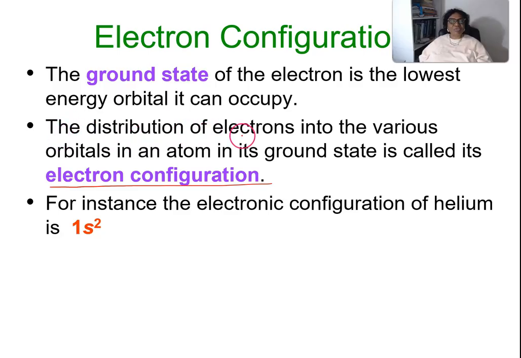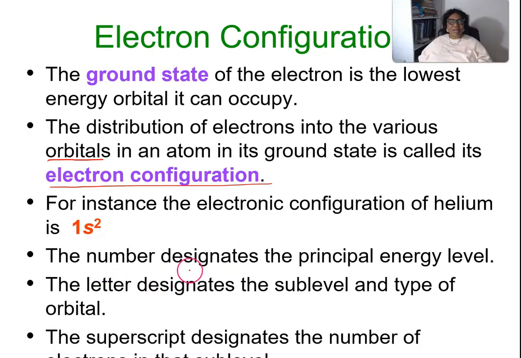How electrons are arranged in the orbitals of an atom in its ground state is what we call electron configuration. For instance, the electron configuration of helium is 1s2. That's how we read it.